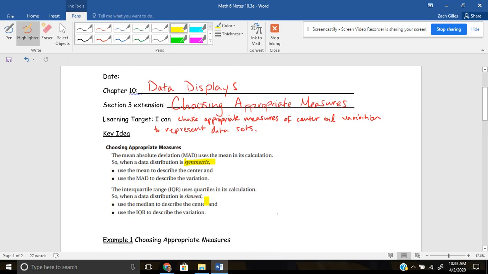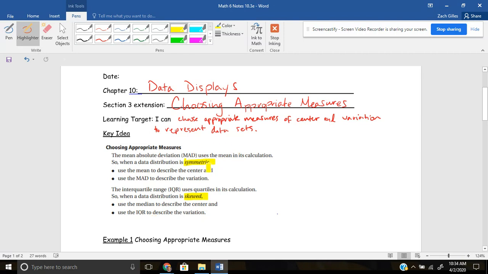If we don't have symmetric data, and we have data that is skewed, a good way to choose an appropriate measure would be to use the interquartile range to describe our data. And the reason is because it uses the median to find the center rather than the mean, and it uses the interquartile range to describe how our data varies rather than the mean absolute deviation.